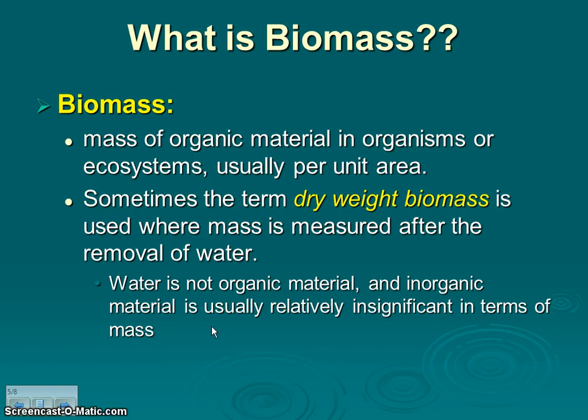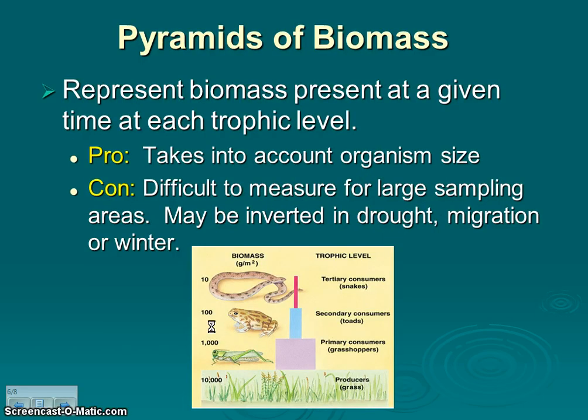That's not that bad when we talk about grass and plants, but when we think about bigger plants like trees, it's very hard to cut a whole tree and slowly take out the water. Similarly, thinking about killing an animal in order to dry it out is not very ethical. So we kind of have to do our best with that. So we can't always do dry biomass, but we try to, especially when we think about plants.